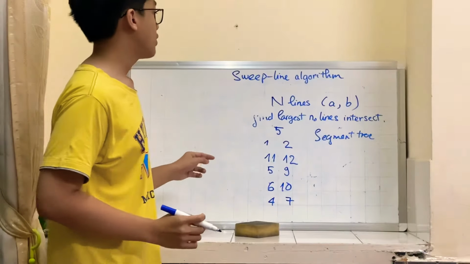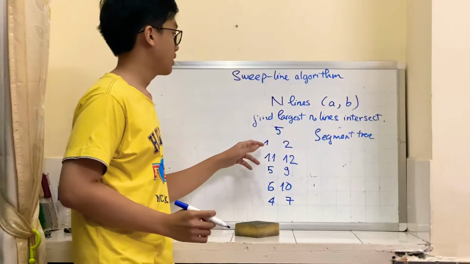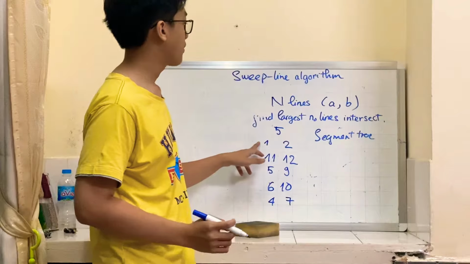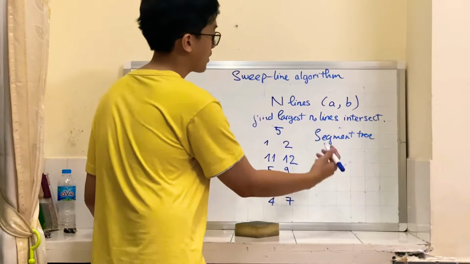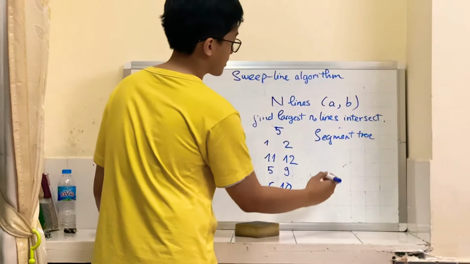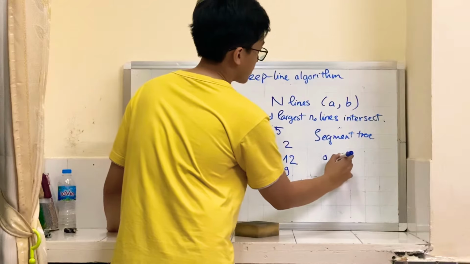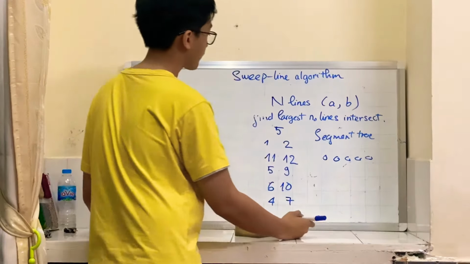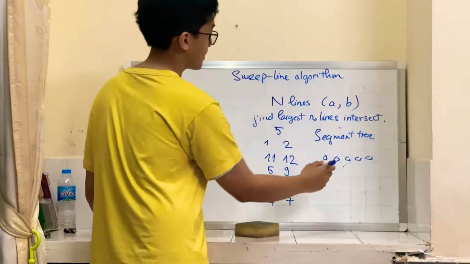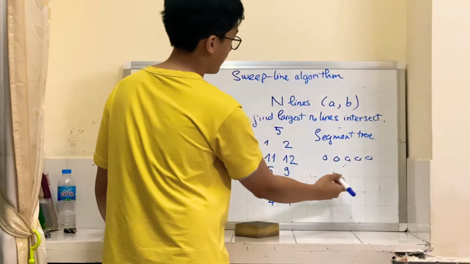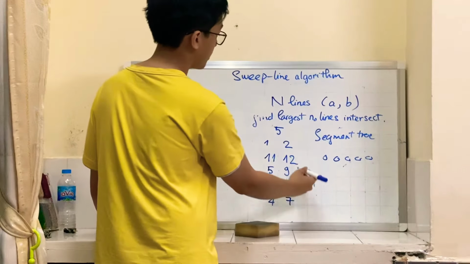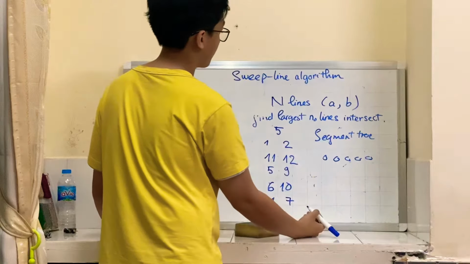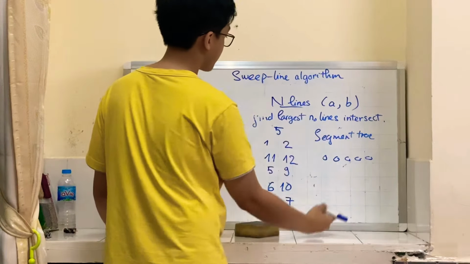For each line, you make a query on a segment tree that has starting values of 0, 0, 0, 0, and it has the size of the largest integer in the set of n lines.